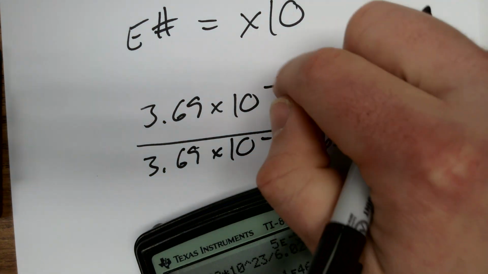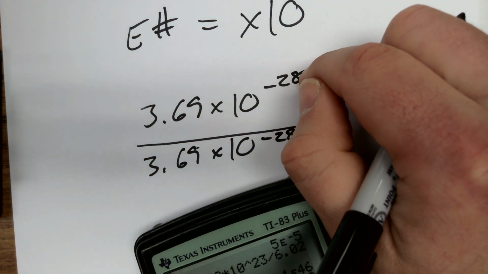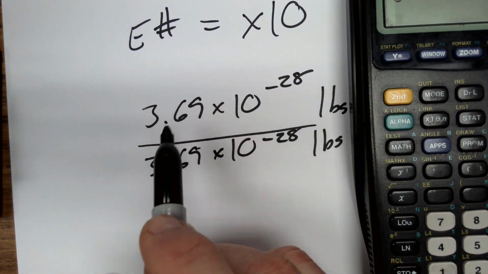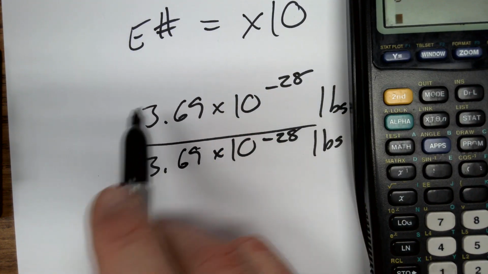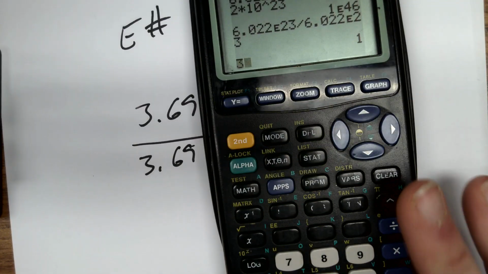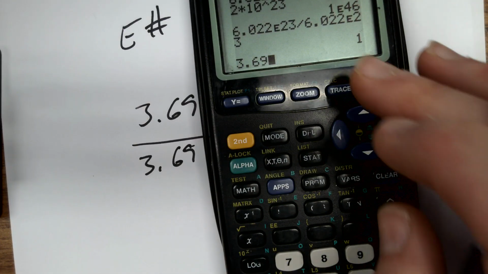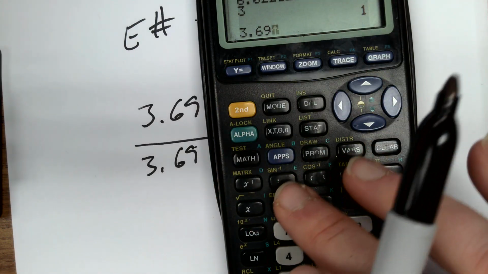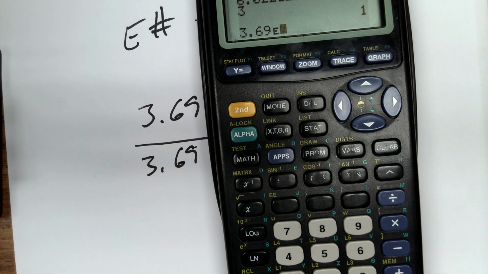How do I get the negative in there? I do the exact same thing I started off with. I'm going to type in whatever number comes before the times 10, that goes in front of my E. So 3.69, shift second E. My exponent is negative because I have a very tiny number, right?